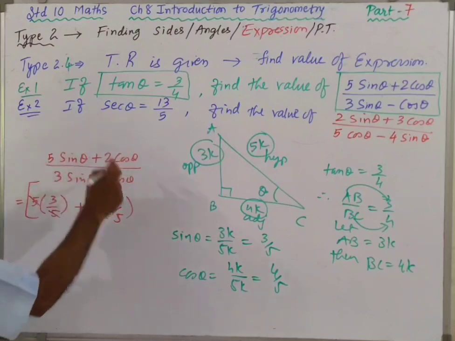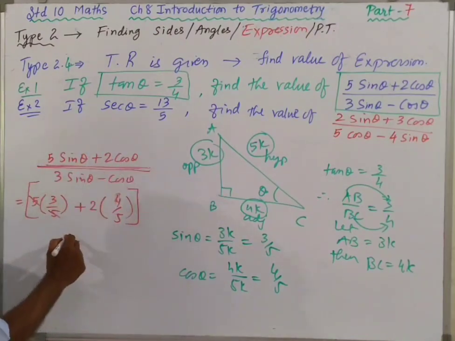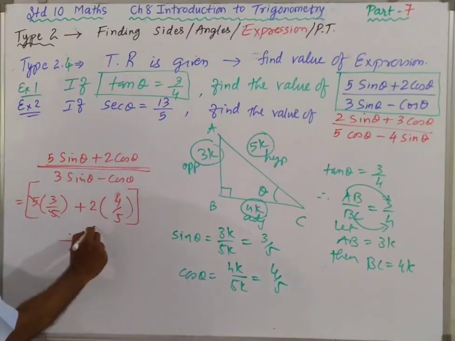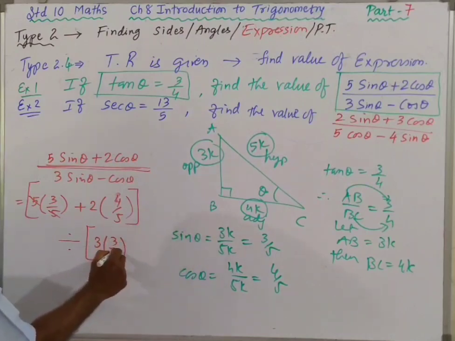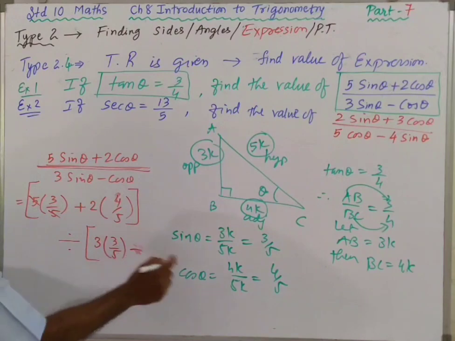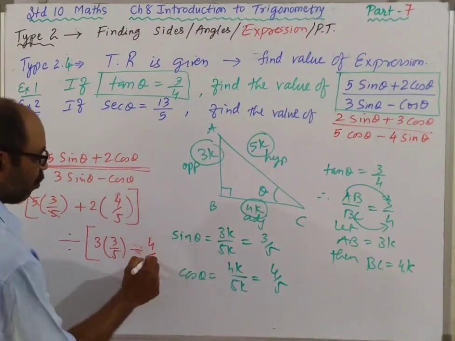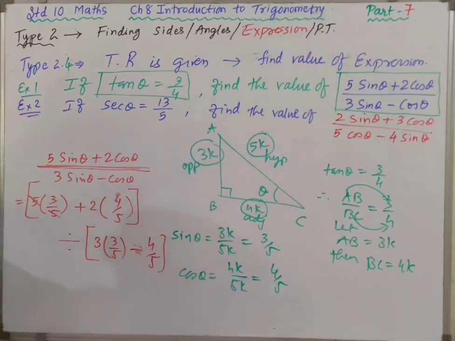I'm putting these two terms in the numerator in a large bracket, and this whole upon, I'm converting into a division sign. Next bracket, 3 into sin theta. Sin theta is 3 upon 5, minus cos theta, 4 upon 5. Nothing cancels here.